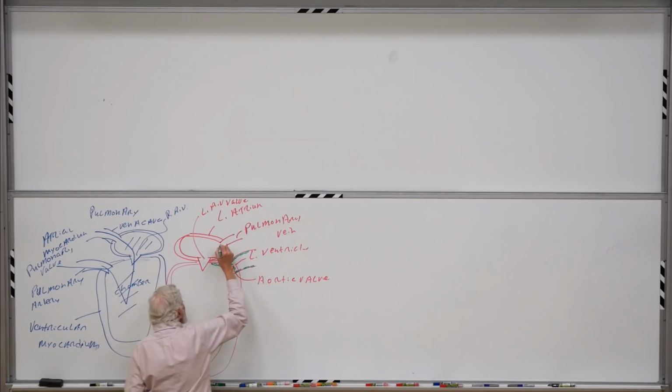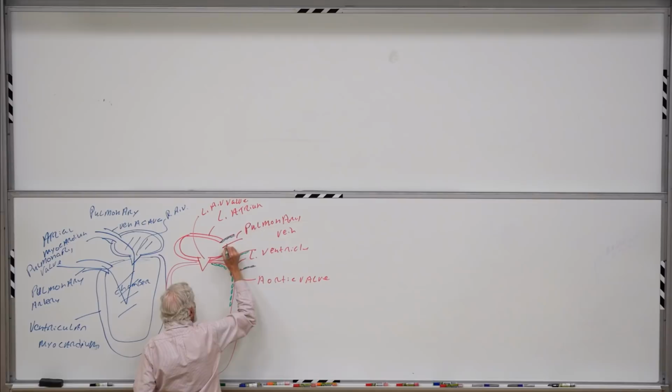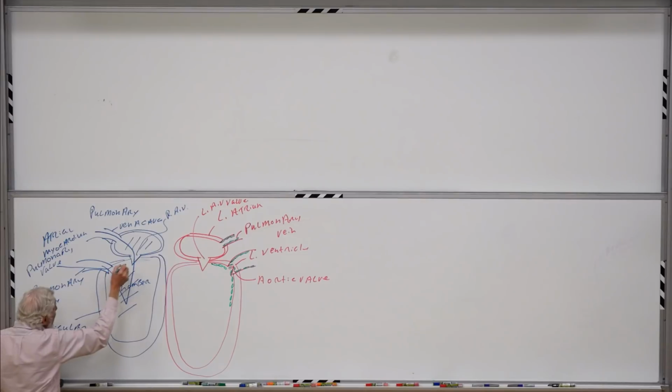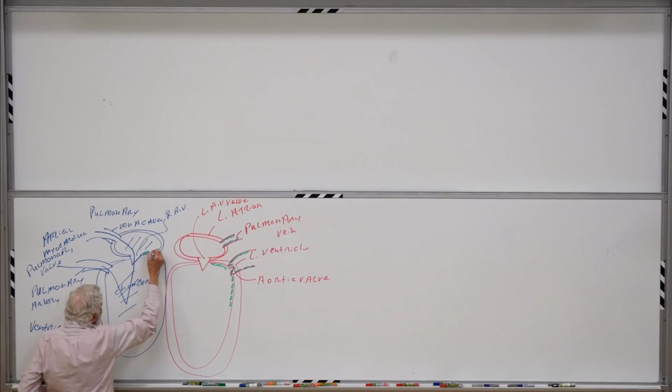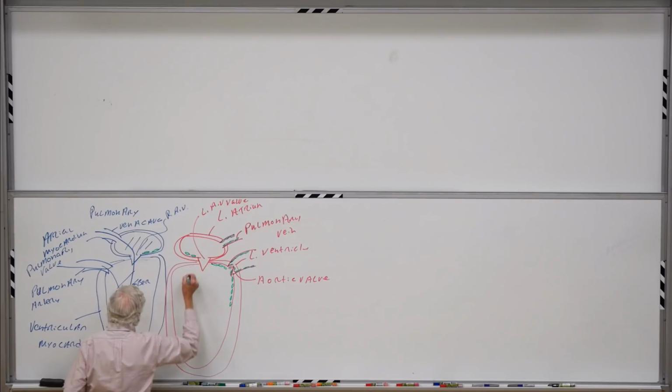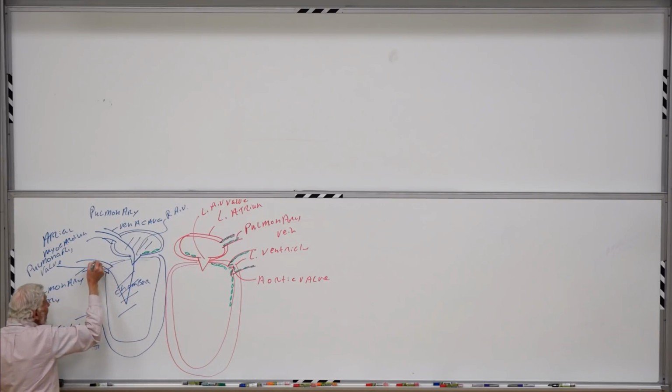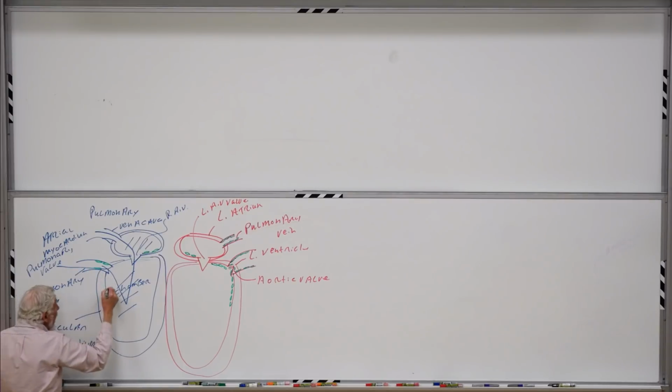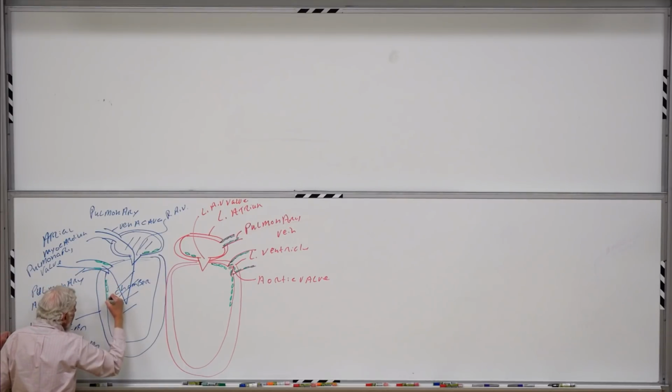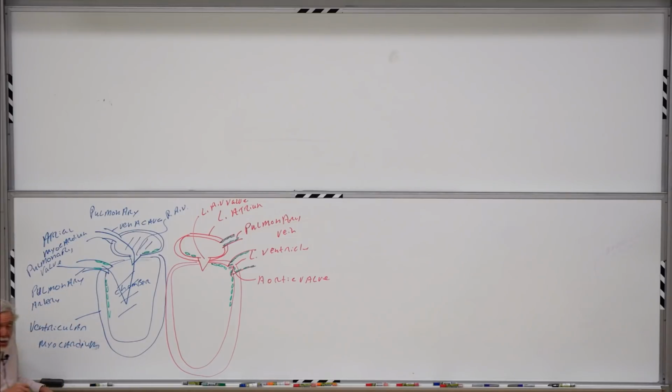It extends into the pulmonary vein, into the right and left atria, into the pulmonary artery, and it lines the right ventricular chamber. Wherever you look, these structures are lined by a single layer of cells called the endothelium.